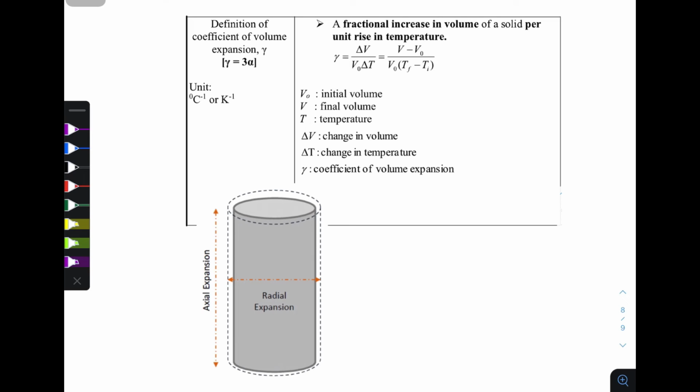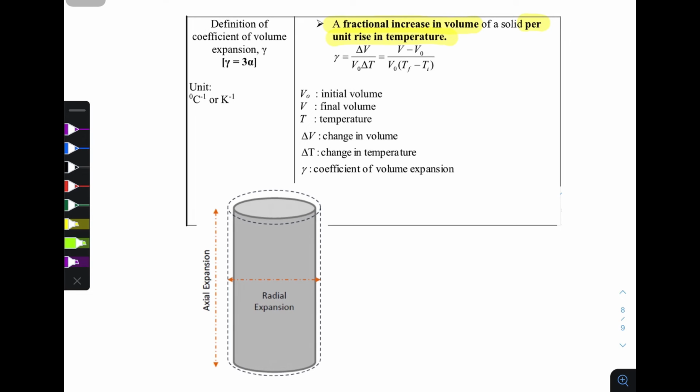So what is the coefficient of volume expansion? It is the fractional increase in volume of a solid per unit rise in temperature. So you get the formula gamma equals delta V over V0 delta T.